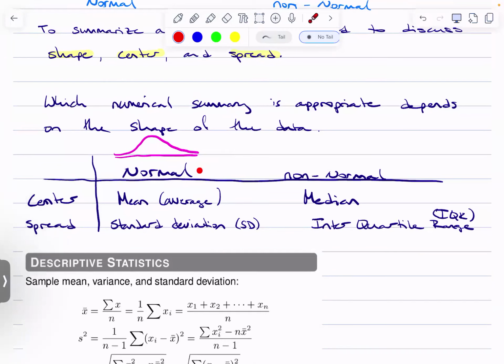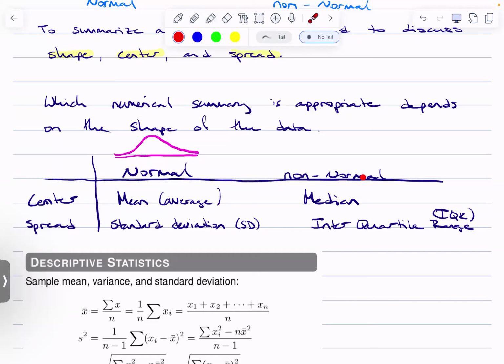If we have a normal distribution, then for our measure of center, which we calculate, we use the mean. The mean is the average, and the average is really only appropriate if you have a normal distribution.